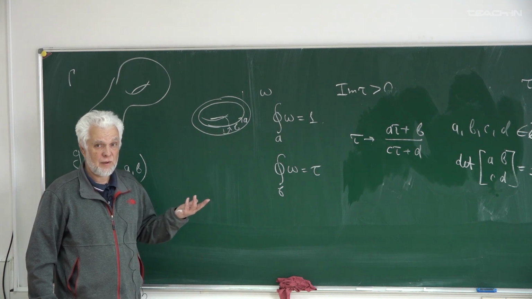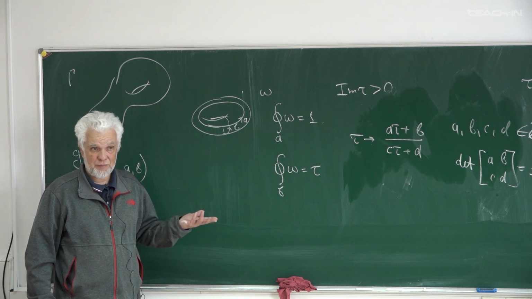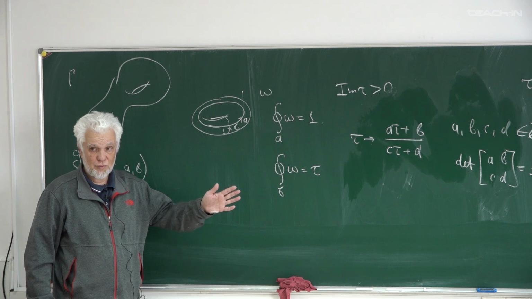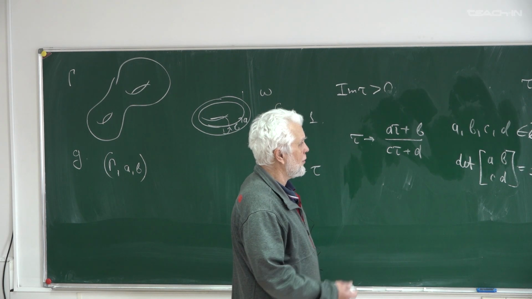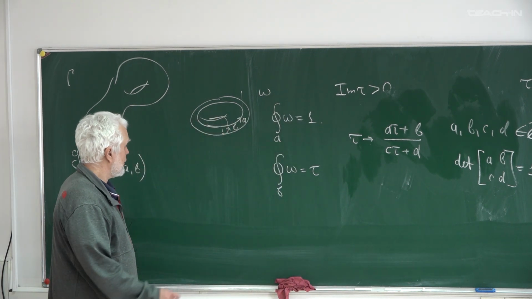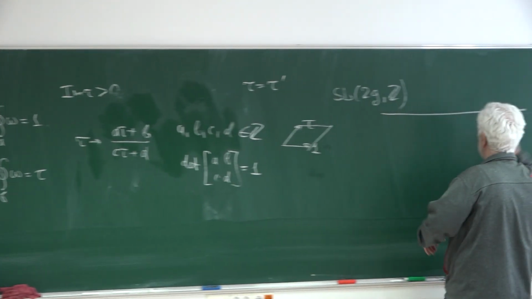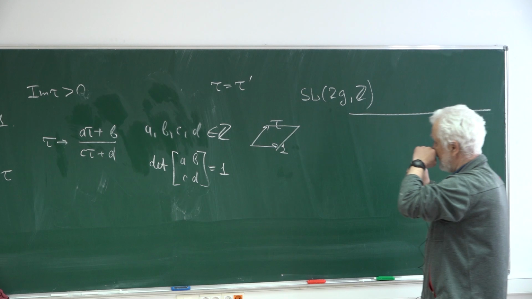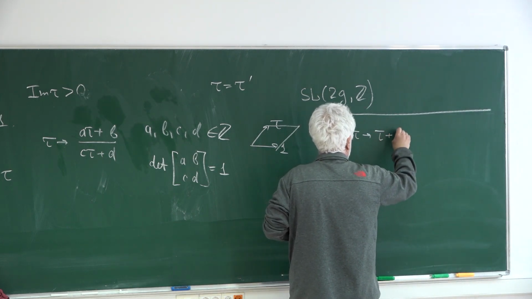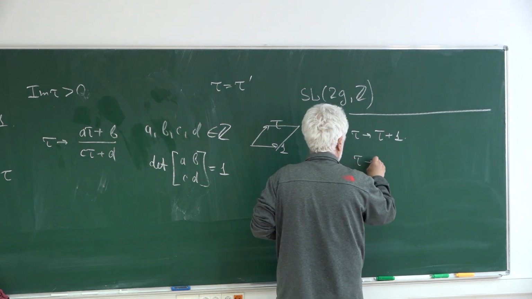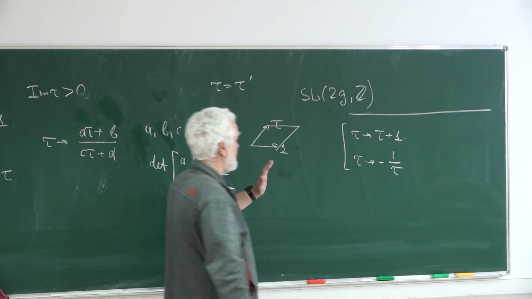It's a good exercise to show that this group maps the upper half plane to the upper half plane. I hope you can do it. And now we can calculate the fundamental domain. First of all, we have the transformation tau goes to tau plus 1, and tau goes to minus 1 divided by tau. Lemma.